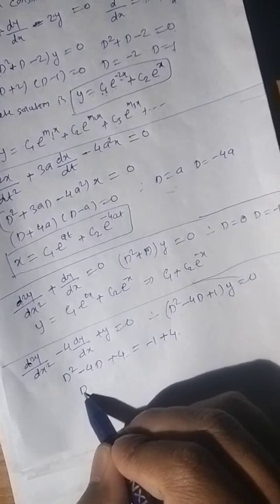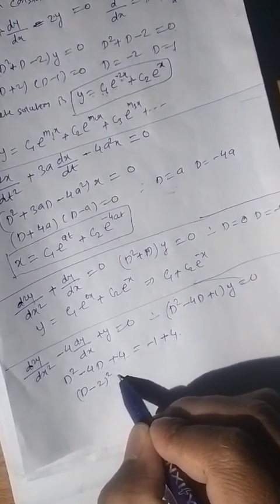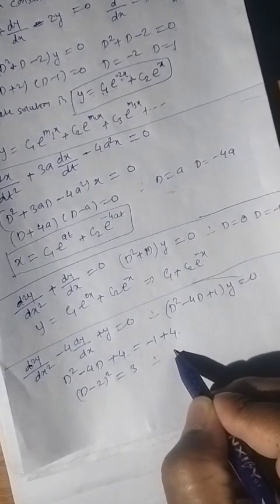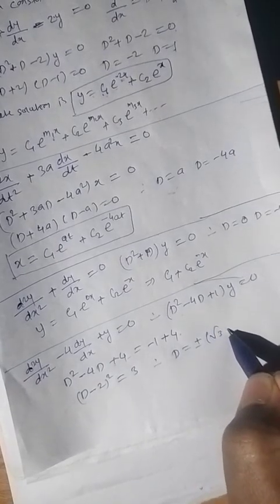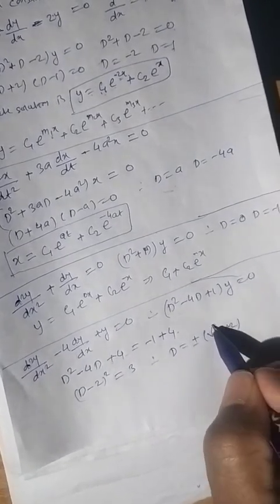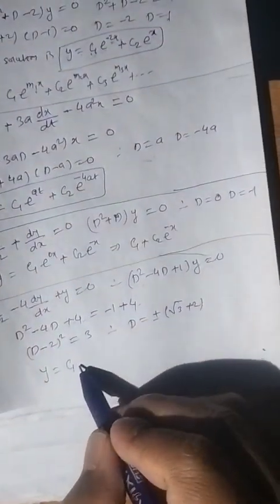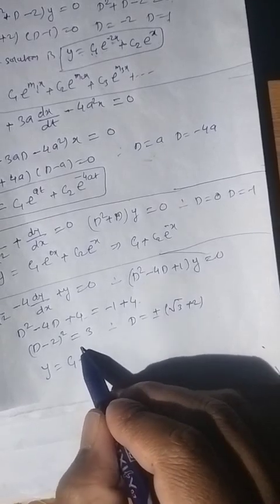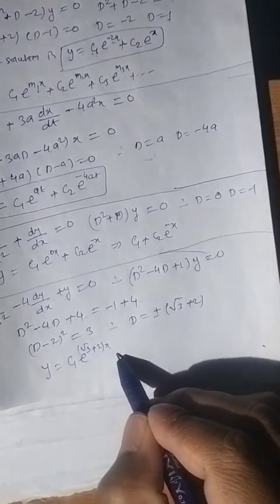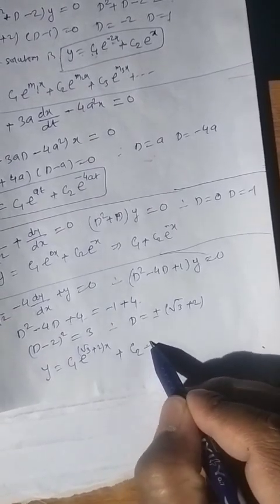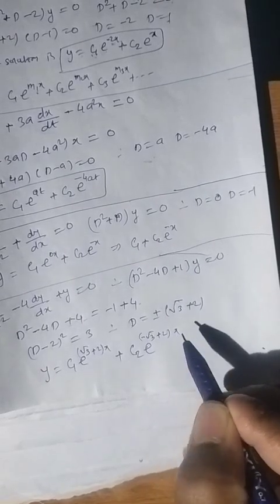So we get (D minus 2) whole square equal to 3. Hence the roots are D equal to plus minus root 3 plus 2. Its complete solution is y equal to c1 e to the power (root 3 plus 2)x plus c2 e to the power (minus root 3 plus 2)x.